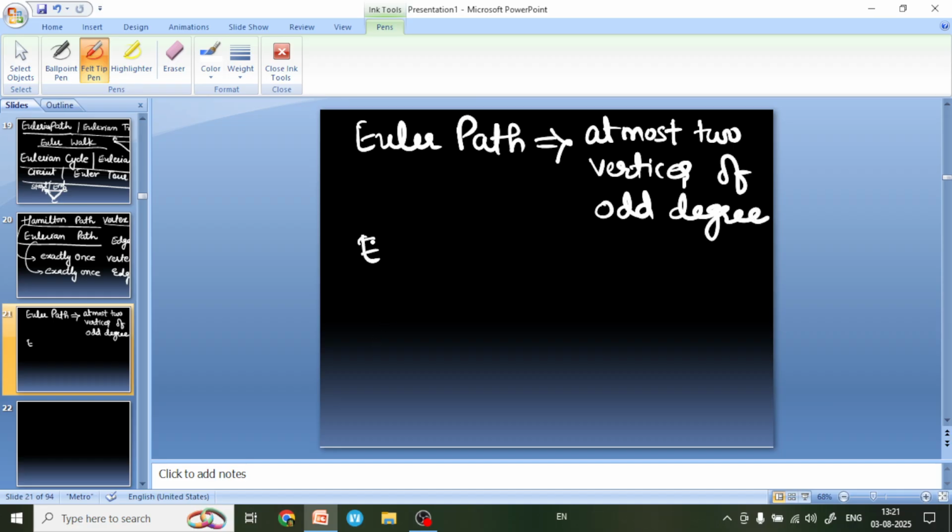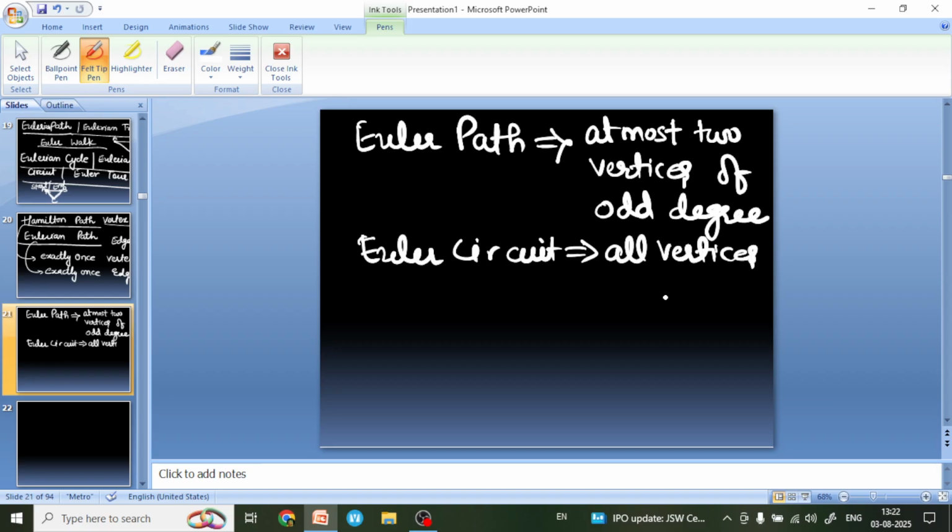In Euler circuit, all vertices have even degree.